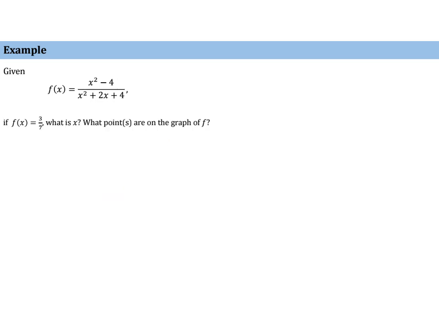Now for that same function, here we are told f of x equals positive 3/7, and we want to know what x is. So we look at x squared minus 4 over x squared plus 2x plus 4, and we want to know when that output is equal to 3/7. We can solve this by cross multiplying.